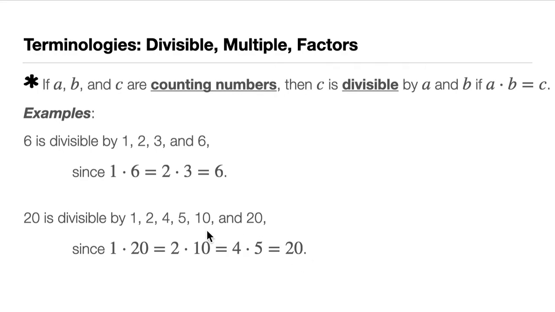Every time we divide 20 by any of these numbers, it will still be a counting number. 20 divided by 20 is 1, 20 divided by 10 is 2, 20 divided by 5 is 4, 20 divided by 4 is 5, 20 divided by 2 is 10, and 20 divided by 1 is 20. You can see there are no fractions. All the quotients are whole numbers. Therefore, we say that it is divisible. That's our first terminology, divisible.